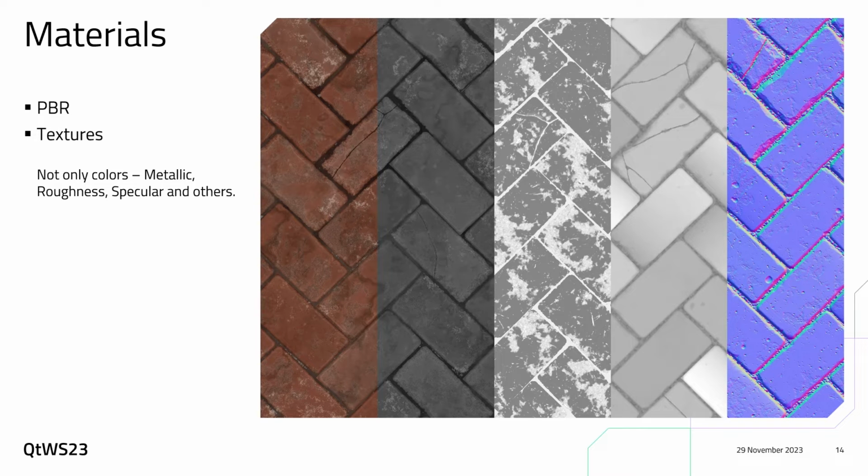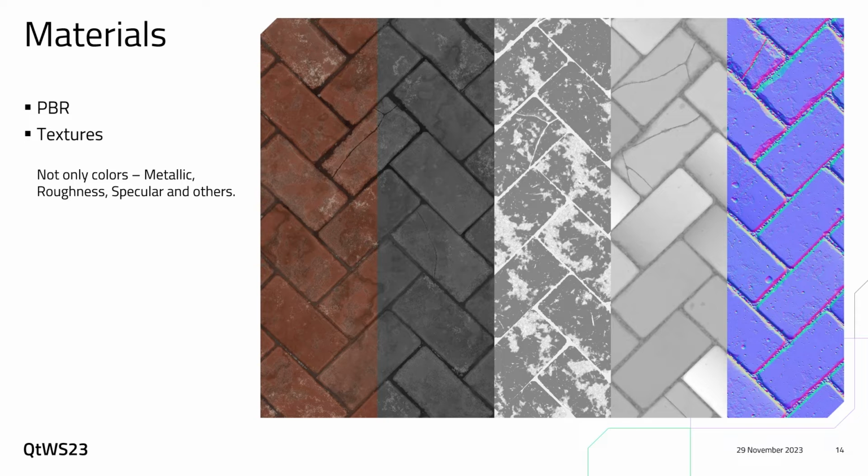For color, it is pretty obvious, but metallic is a grayscale map where a black pixel means this is no metal, and a white pixel means this is 100% metal.